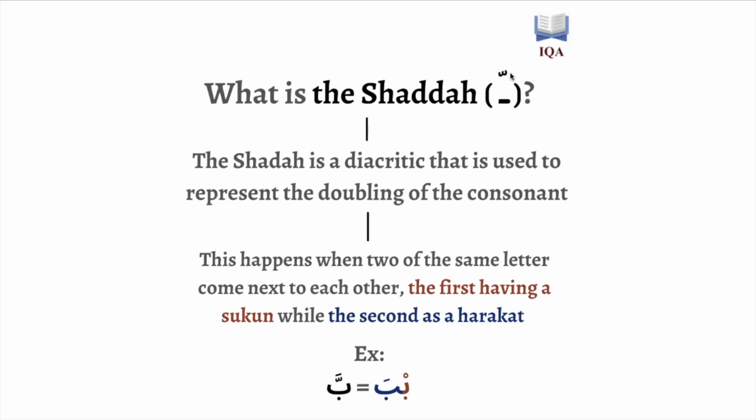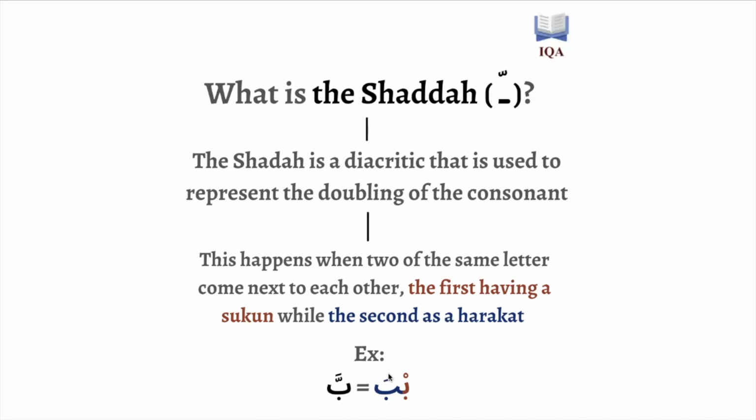Now, what is the shaddah actually indicating though? So the shaddah is the diacritic that's used to represent the doubling of the consonant. So it's pretty much there to indicate the doubling of the letter, the doubling of the consonant. So this happens when two of the same letter come next to each other, the first having a sukoon while the second has a haraka.